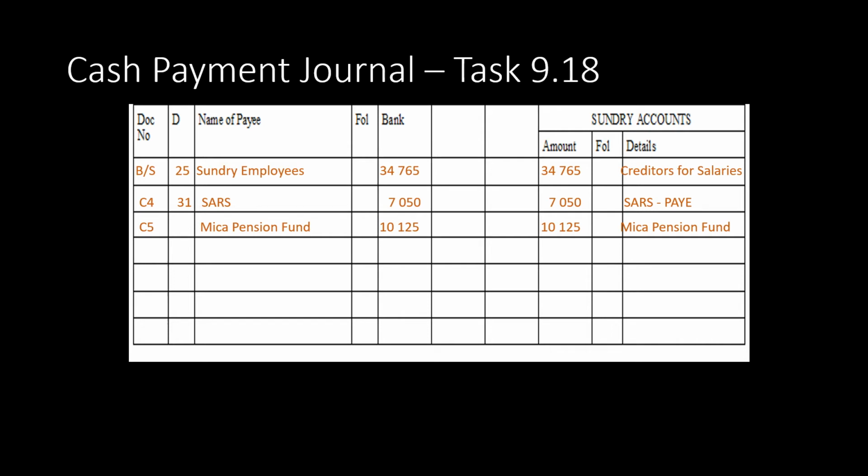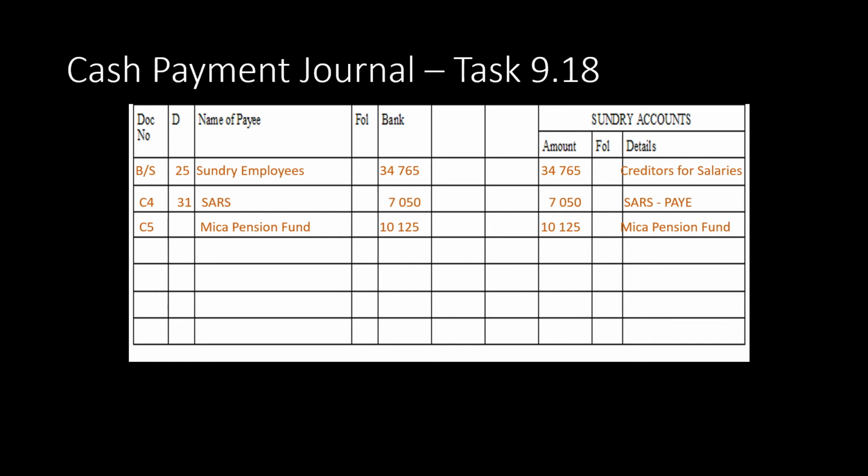Bigger Pension Fund, included in here is the contribution plus the deduction. Remember, in our sundry account, we are now listing not exactly who we are paying, but the account in the ledger that we've already drawn up. We've drawn up an account for creditors for salaries, we've drawn up an account for SARS PAYE, and we've drawn up an account for Bigger Pension Fund.